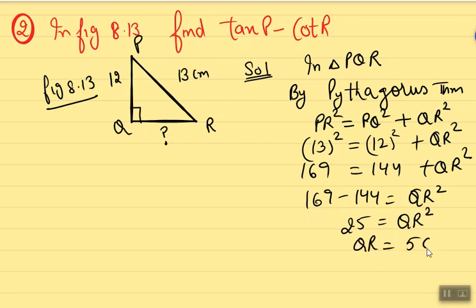QR is 5 centimeter. Clear? With the red pen I am writing, it is 5 centimeter.